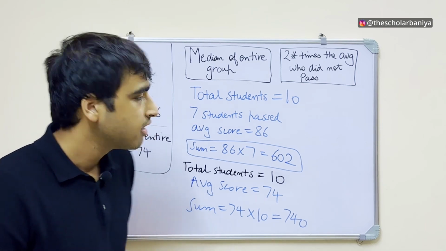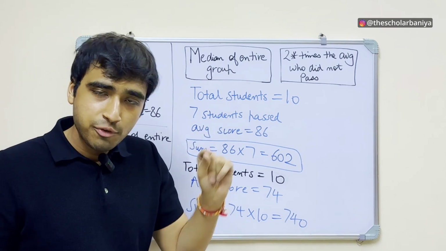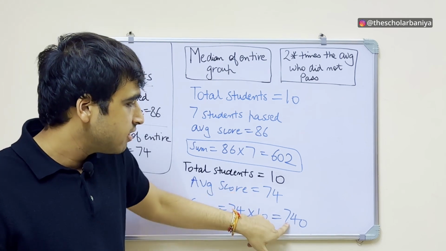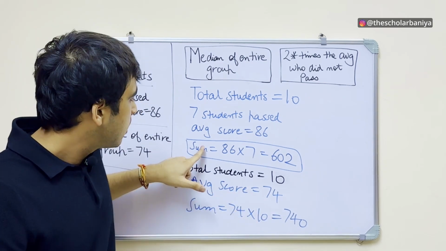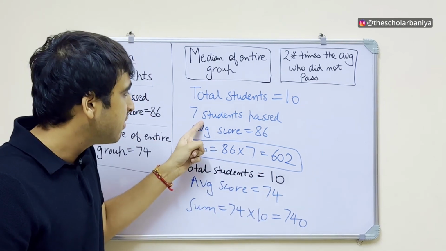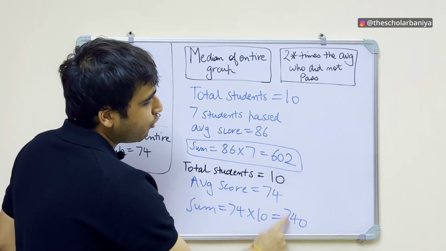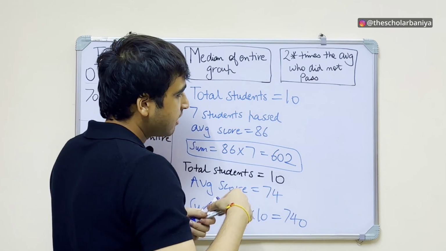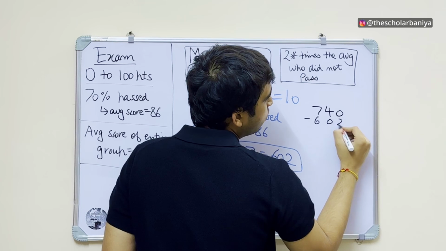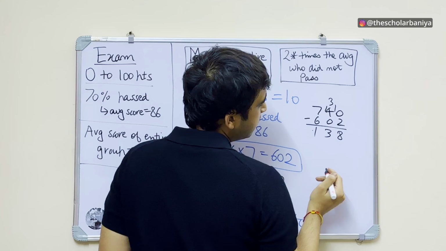So what does this mean? Of all the 10 students, if you take the score of each student and add it up, you will get 740. And 602 is the sum of the scores of the 7 students who passed the exam. So if we subtract 740 minus 602, this will be 138.